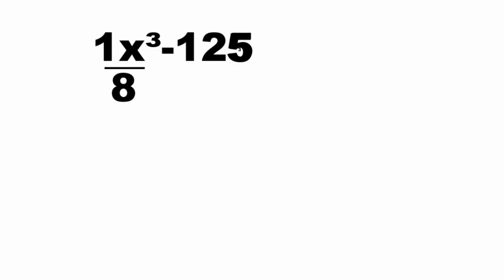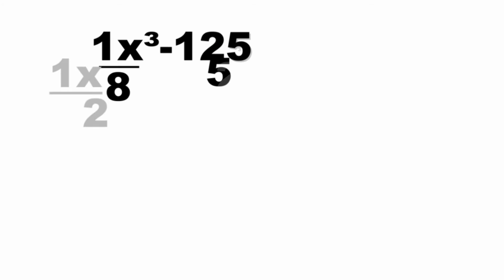In case you have a fraction, so we have here 1 over 8x cubed minus 125. You have to get the cube root of this one, and the cube root of this one is 1/2 x, and the cube root of 125 is 5.